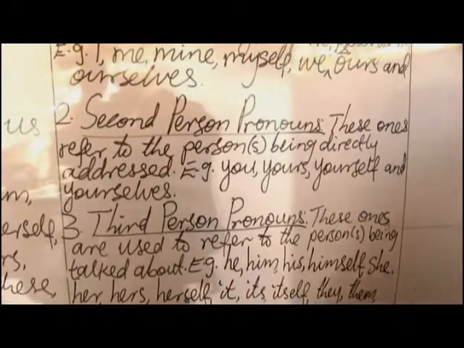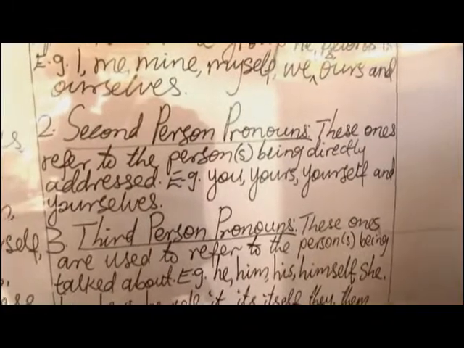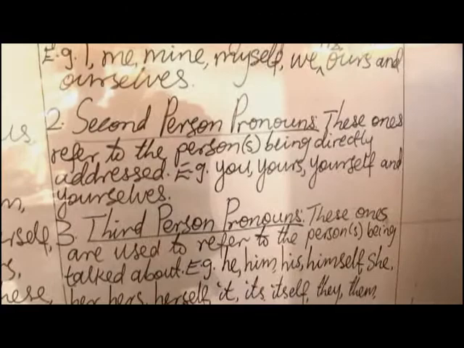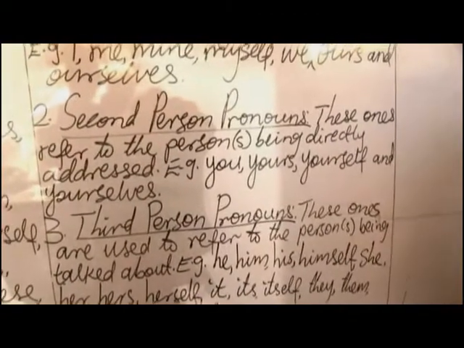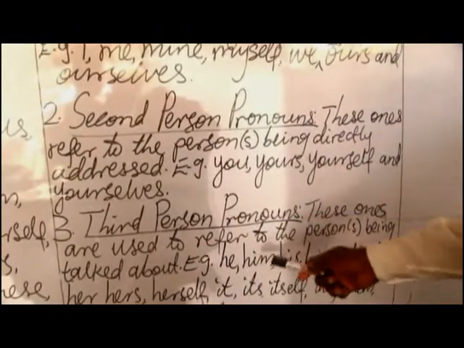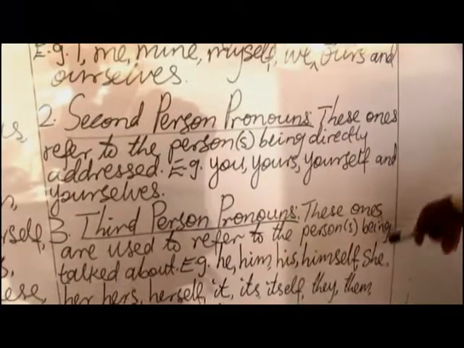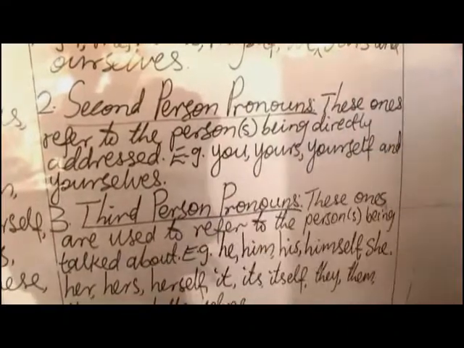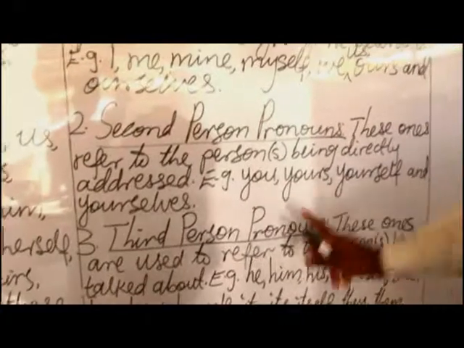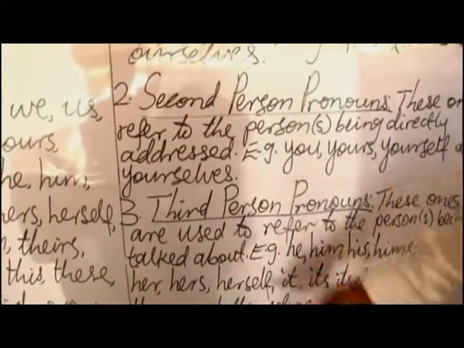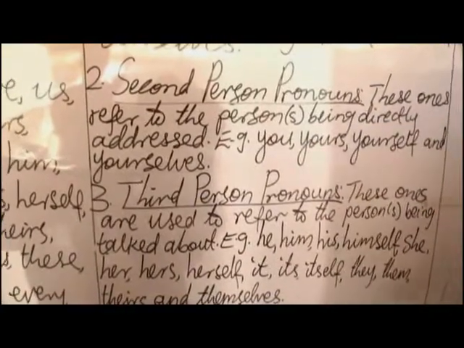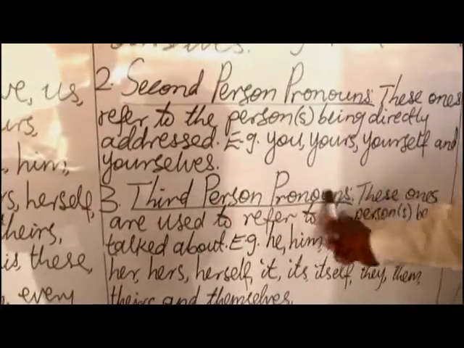Then, number 3, third person pronouns. The third person pronouns are those pronouns that are used to refer to another person being talked about. Not the one we are talking to, but we are talking about the person or about that thing. Any pronoun that stands for the person or that thing we are talking about is called a third person pronoun.